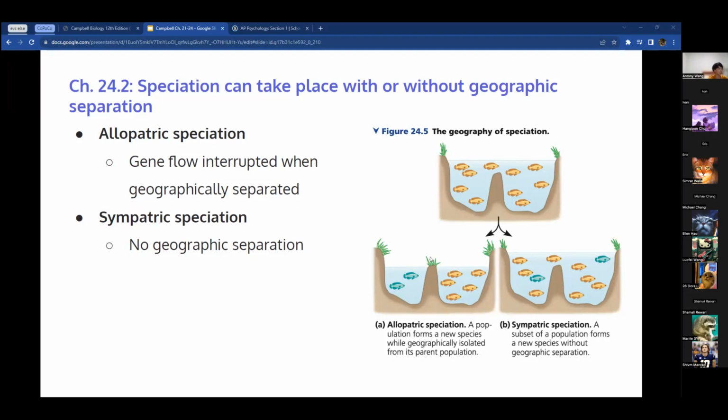In this case, this little divot here separates the two populations, and the fish become different colors. Sympatric speciation, on the other hand, is where the two species are still living in the same habitat, but by other means, maybe temporal or behavioral, they've managed to diverge.